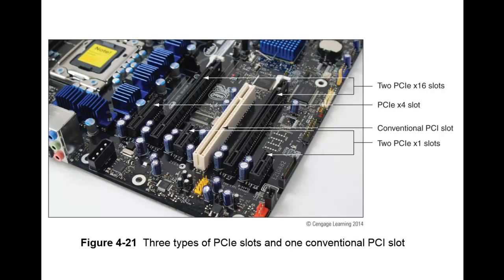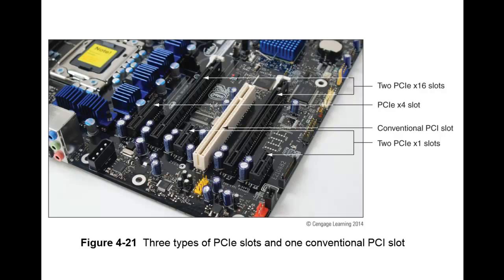PCI Express slots are not backwards compatible with PCI, as you can clearly see on this motherboard. They are expected to replace PCI and PCI-X because those are just not really used much anymore. PCI Express does come in 4 different slot sizes.